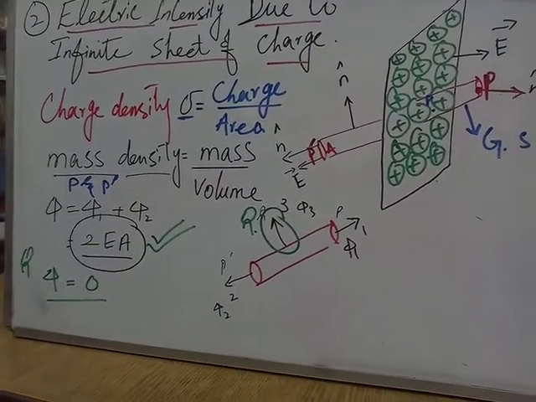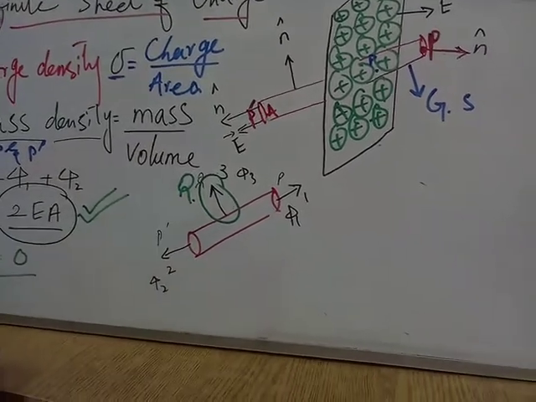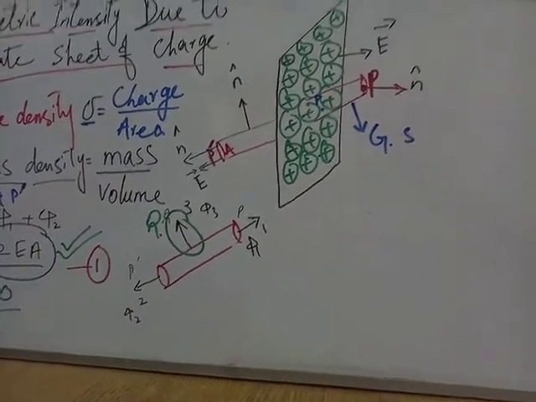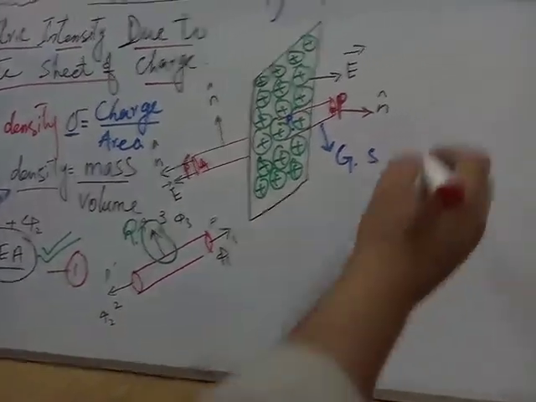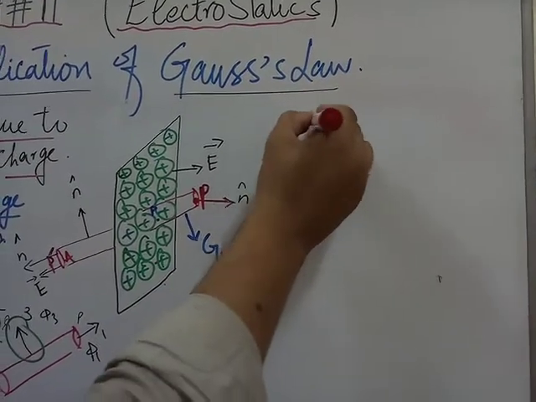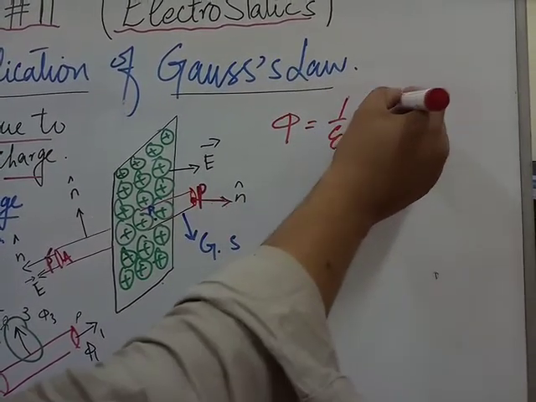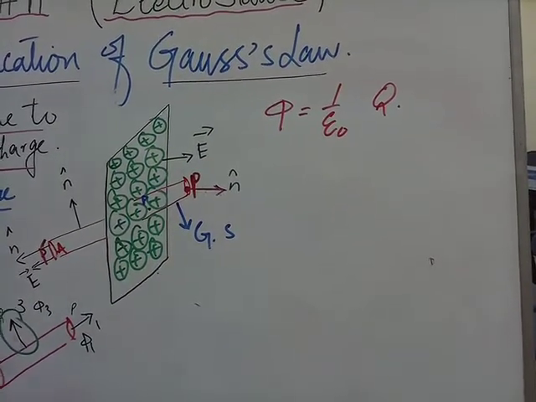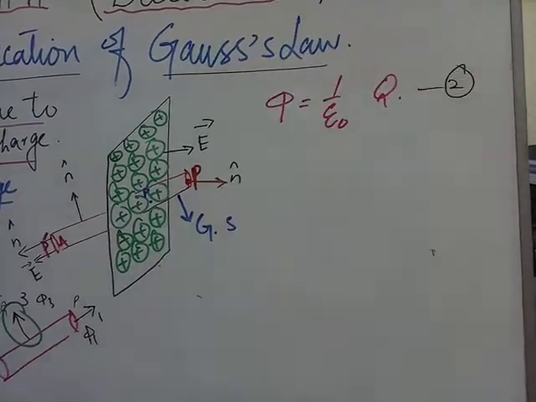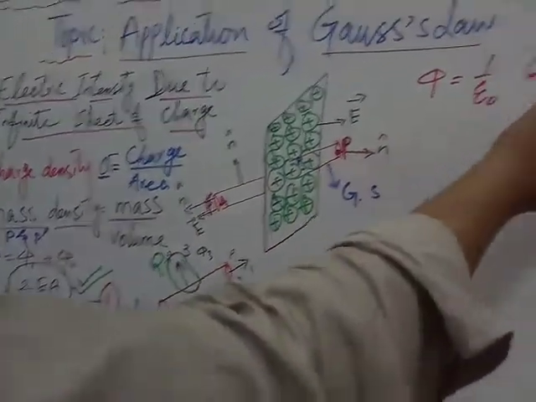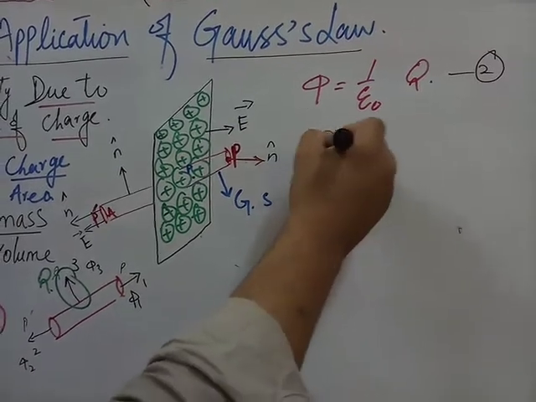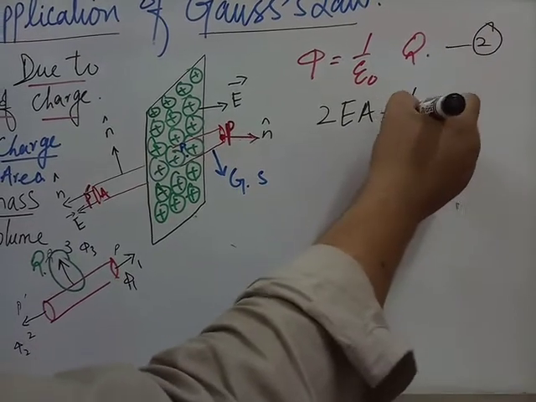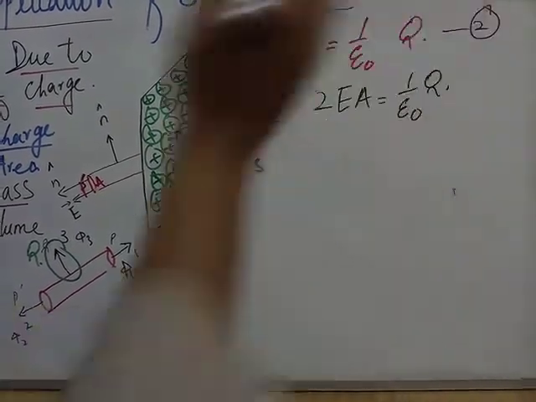Now, this is from the definition of electric flux, equation 1. Now by Gauss's law, the flux is equal to 1 over epsilon naught times Q. This is equation 2. So compare equation 1 and equation 2. We get 2EA equal to 1 over epsilon naught times the total charge.